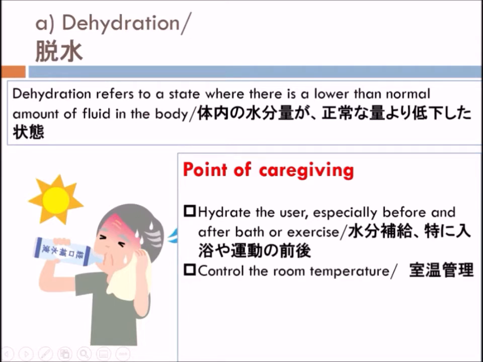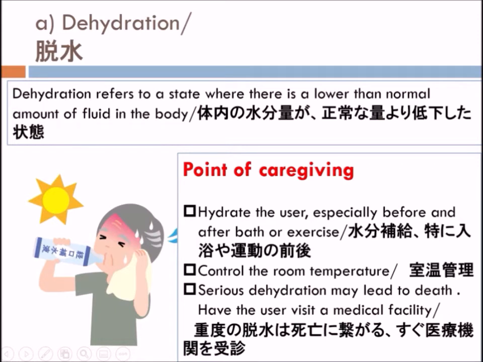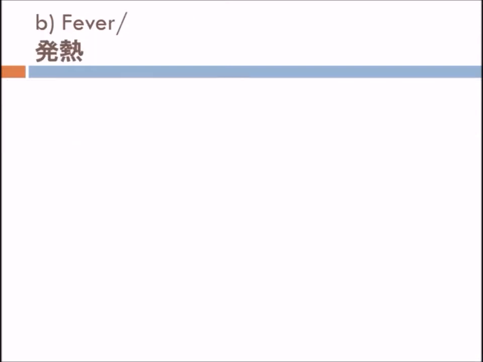Control the room temperature. Serious dehydration may lead to death. Have the user visit a medical facility. Maintenance of the balance between fluid intake and excretion by orally taking food and drink will lead to the maintenance of the healthy life.